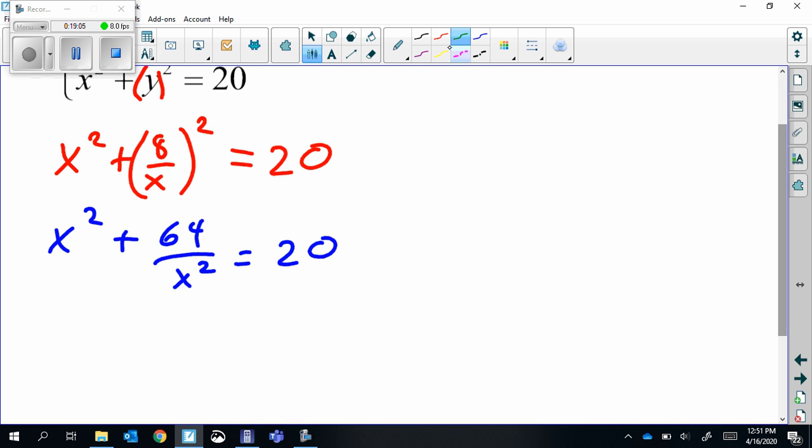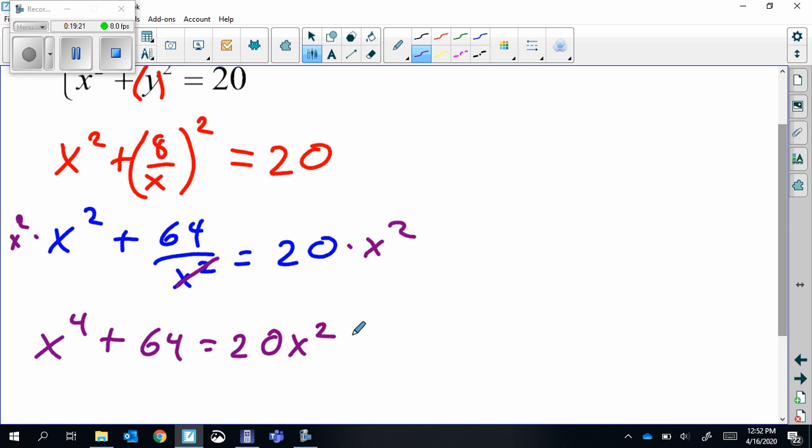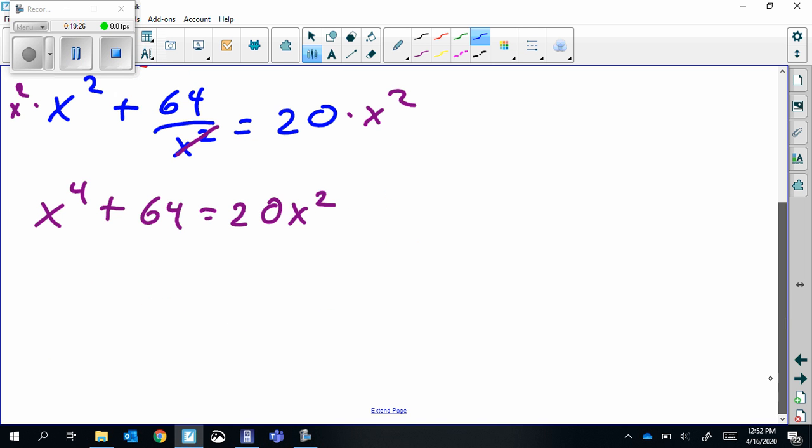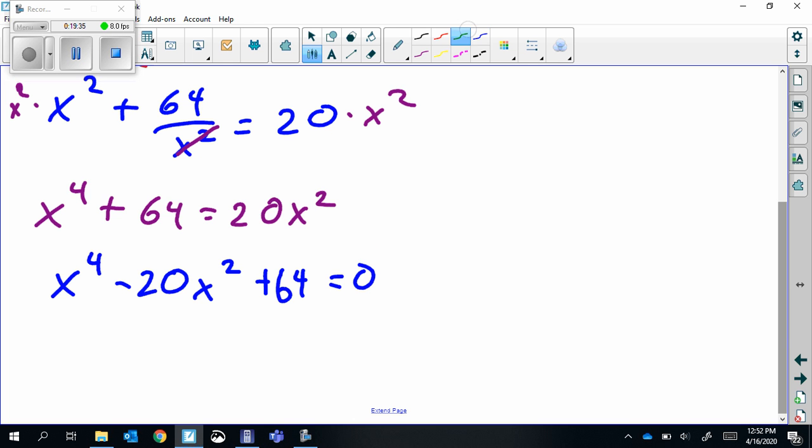And if you're going to solve this out, I would multiply by the denominator to clear it all out. So we get everything times x squared. It's going to cancel our denominator. So we get x to the 4th plus 64 equals 20x squared. And make that be standard form so we can solve. And let's see, is this factorable?